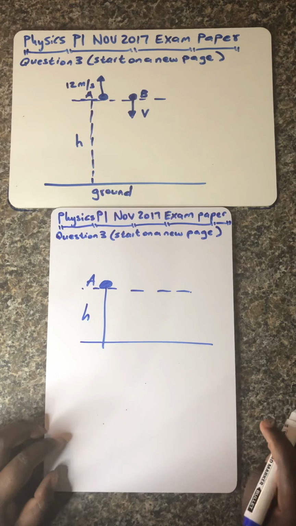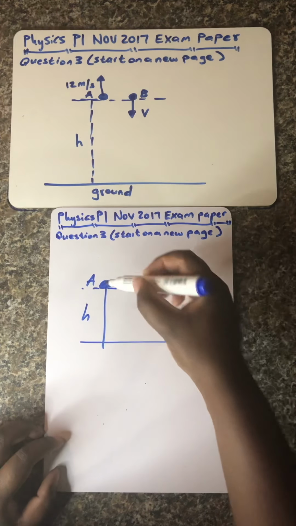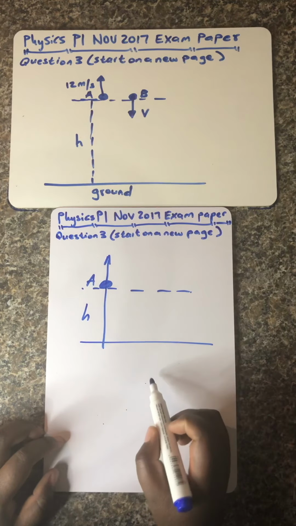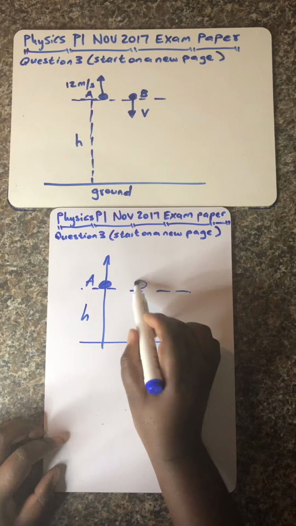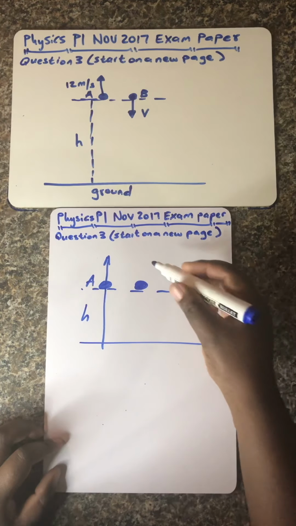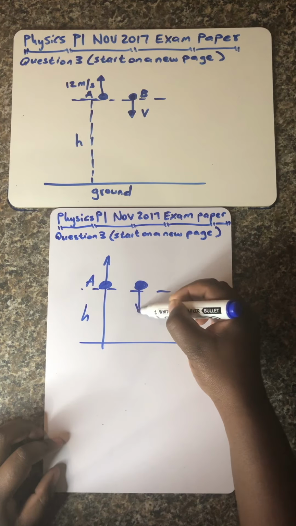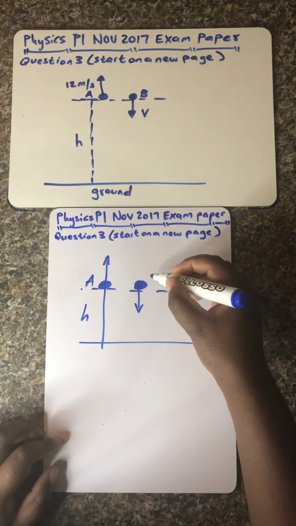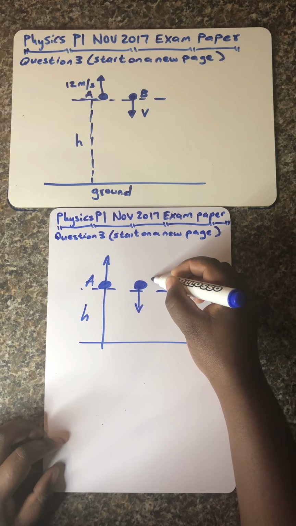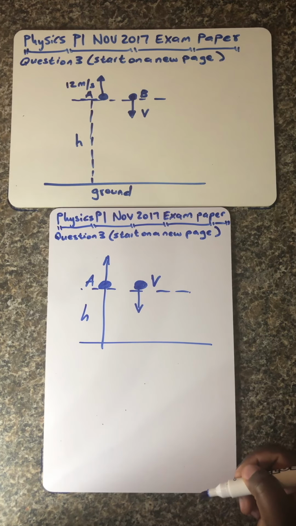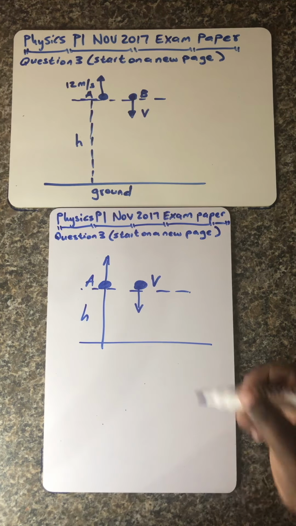So now what that statement that I've just read says is that at the same time when this object A is being projected vertically upwards, stone B is being projected or thrown vertically downwards at an unknown speed, which is V. Okay, so remember guys, there are two ways in which an object can be moving downwards.